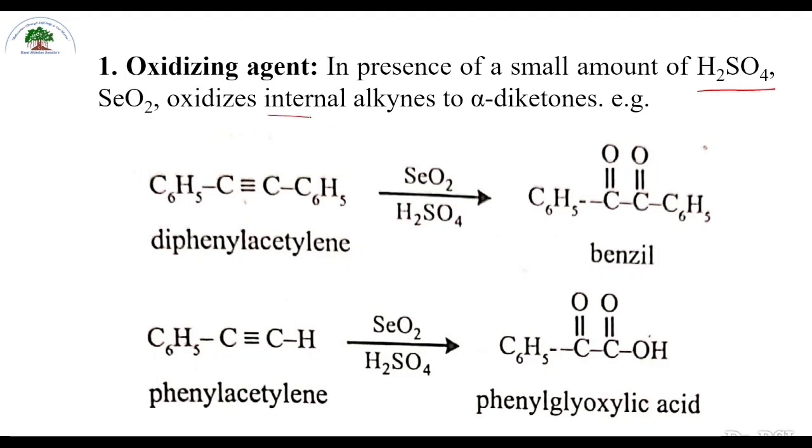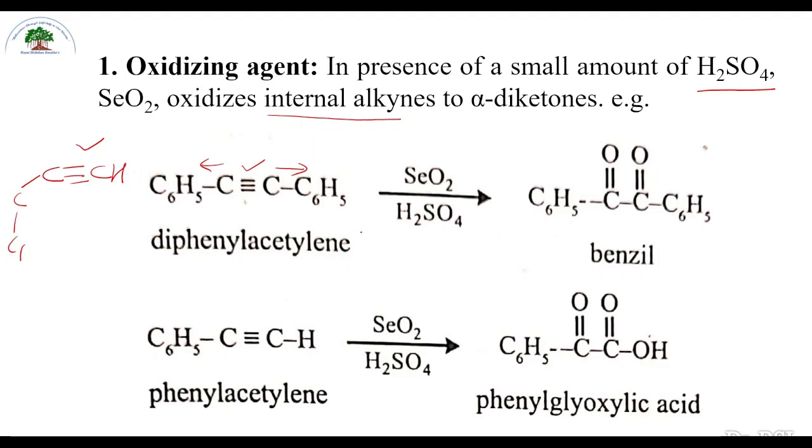So here the condition is internal alkynes. Internal means the carbon-carbon triple bond is in between, in the structure of the molecule. It is not terminal. Terminal means the carbon which is the end carbon. This is a terminal alkyne. But internal alkynes means there is extension of chains on both sides. These are known as internal alkynes.